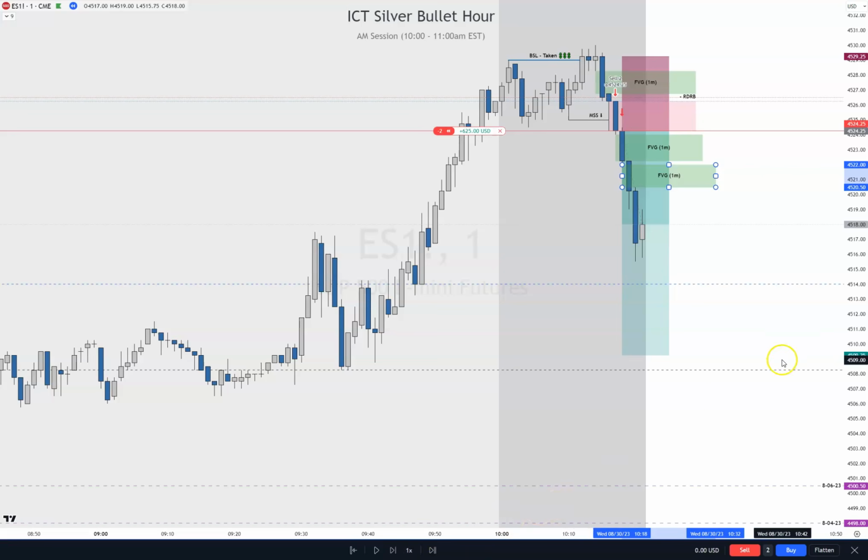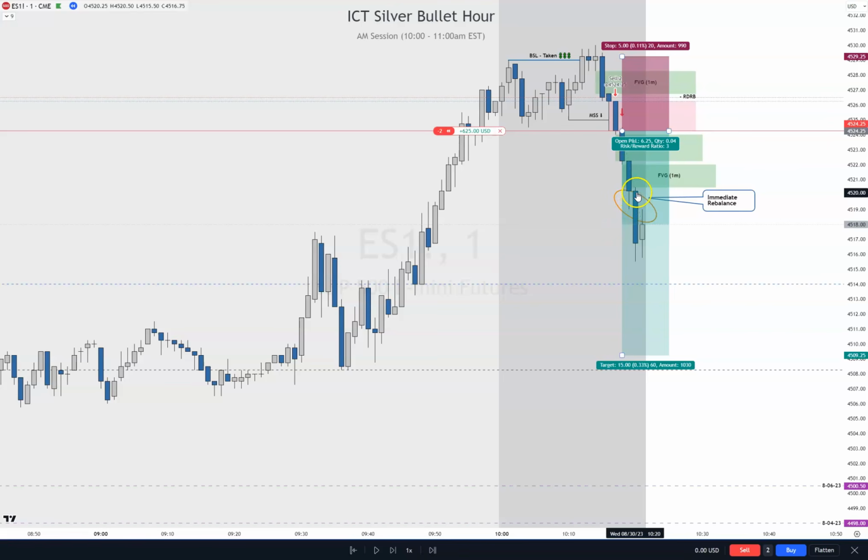Ooh, okay, then that's interesting. Now, do you see something else that ICT just taught us recently? I'll circle it. Do you know what that is? Okay, well, that is an immediate rebalance. That's what this is right here.